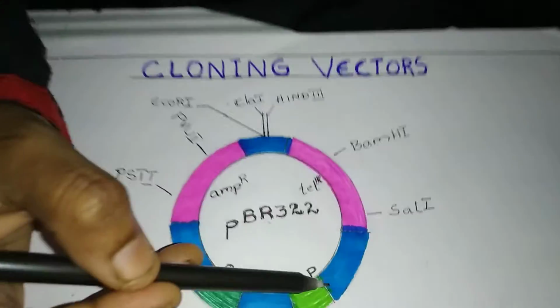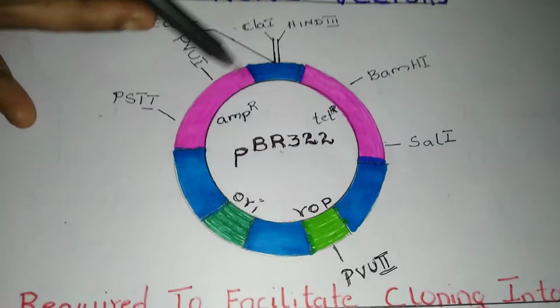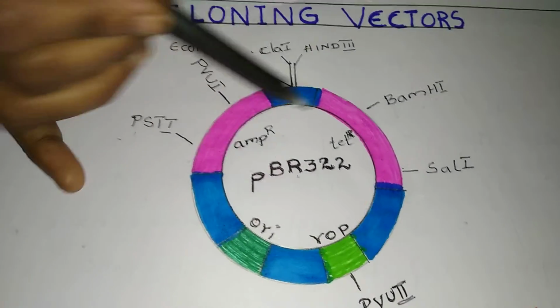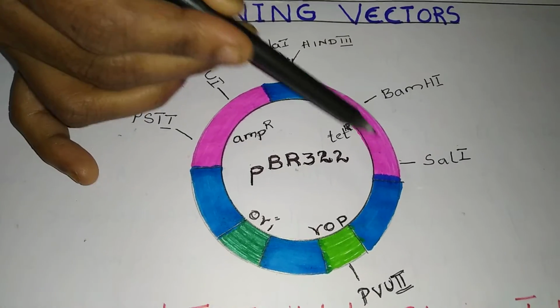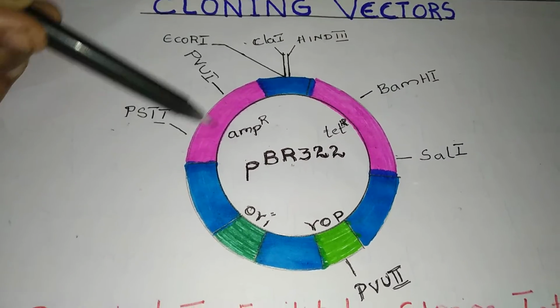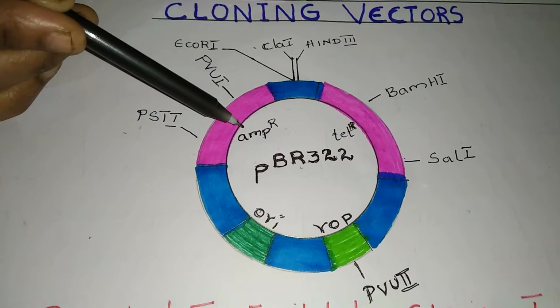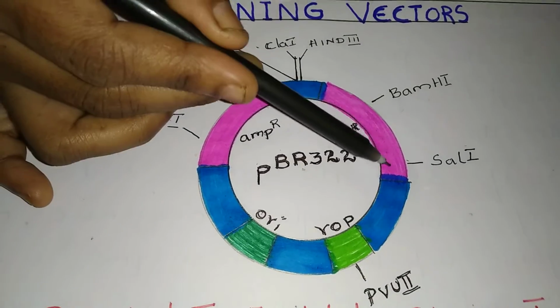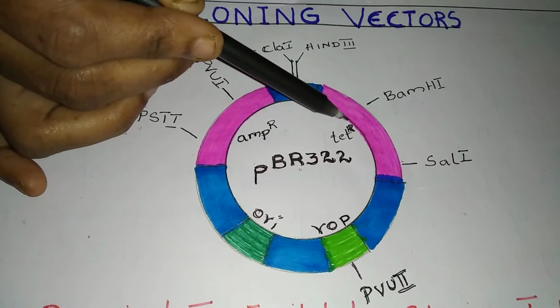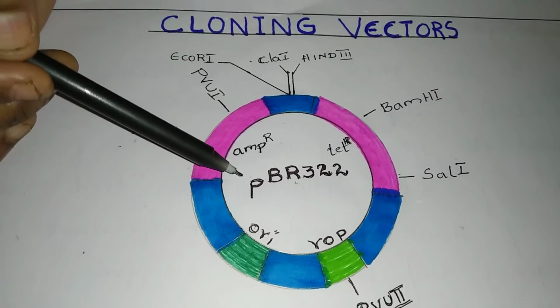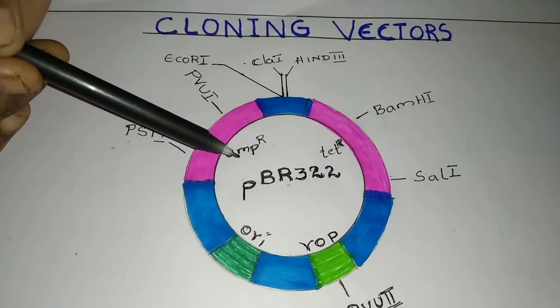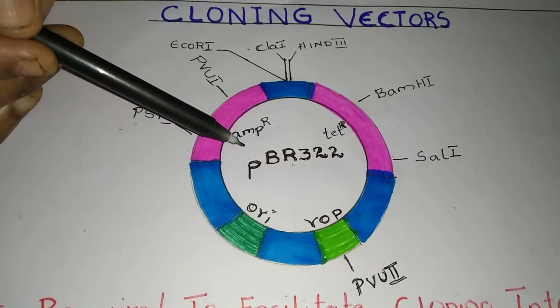And these are the gene sequences for antibiotics. This is the gene sequence for ampicillin resistance, and this is the gene sequence for tetracycline resistance. So this is about the structure of pBR322, which was constructed by Bolivar and Rodriguez.